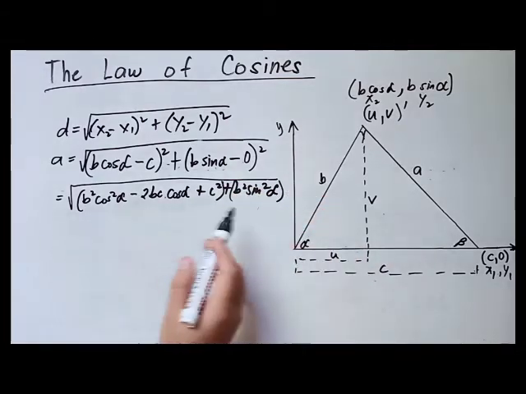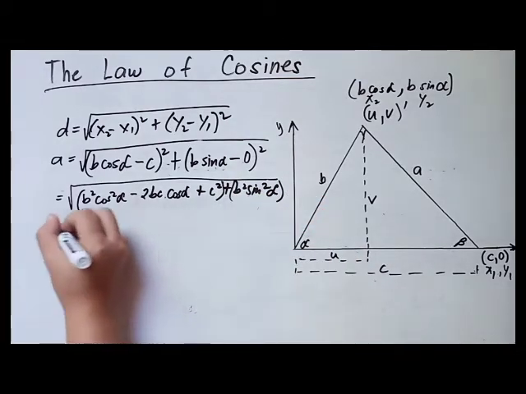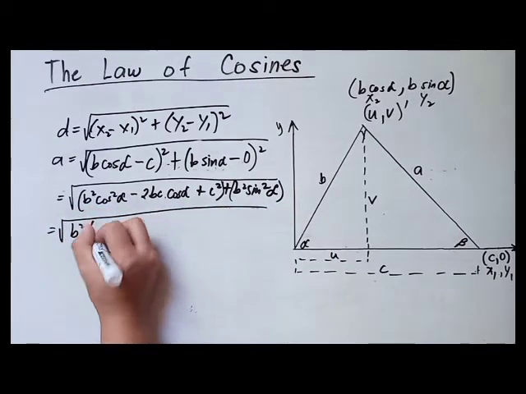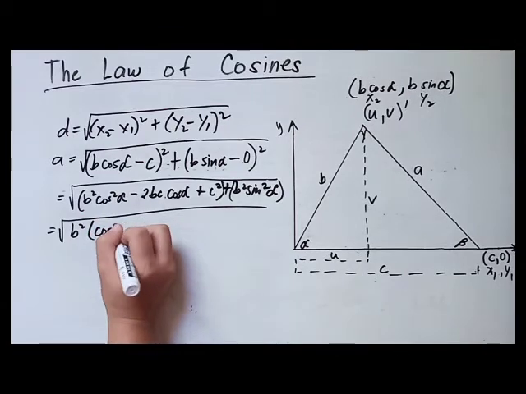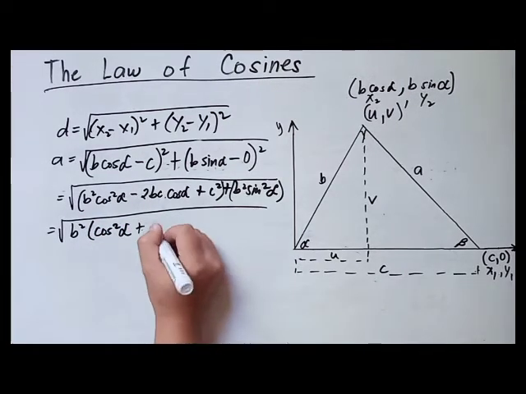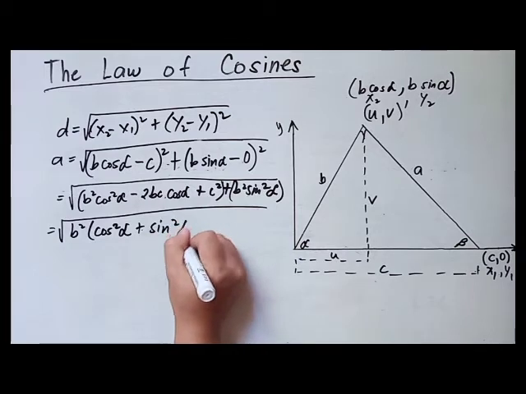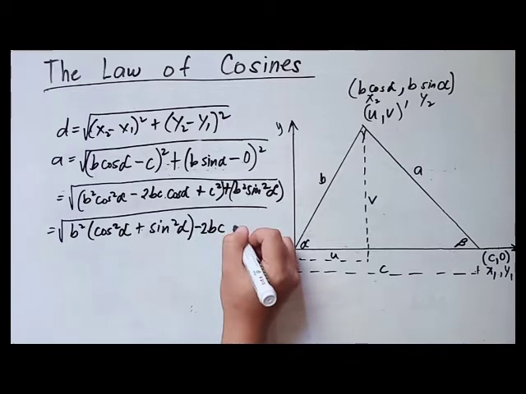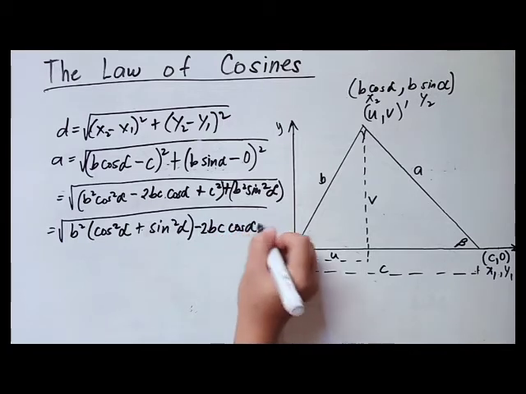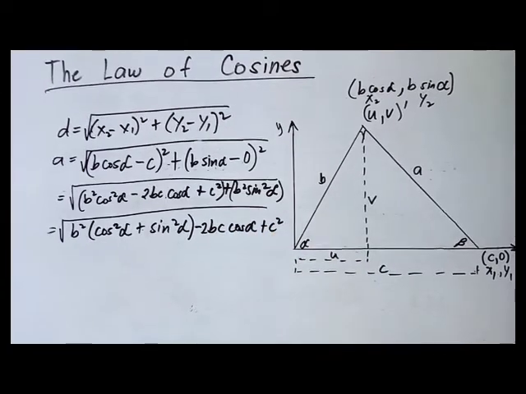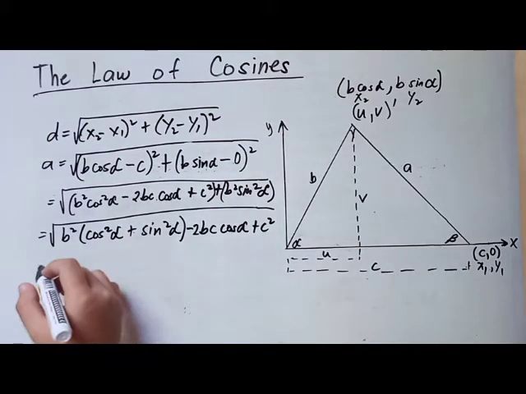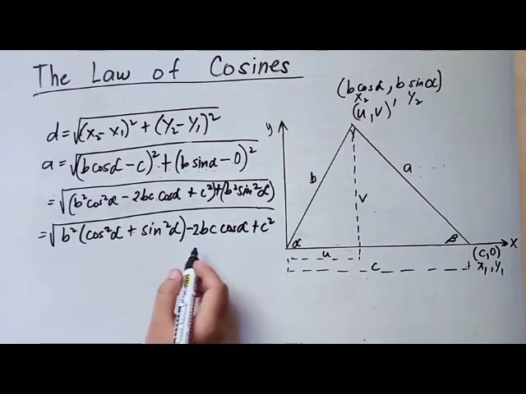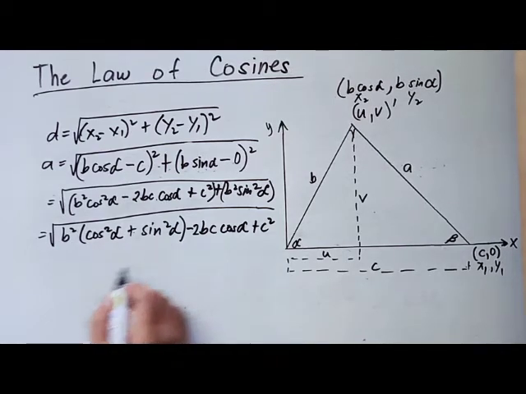Now let us get their common factor, that is b squared. So the square root of b squared times cosine squared alpha plus sine squared alpha, minus 2bc cosine alpha plus c squared. In the Pythagorean identity, cosine squared theta plus sine squared theta is equal to 1.